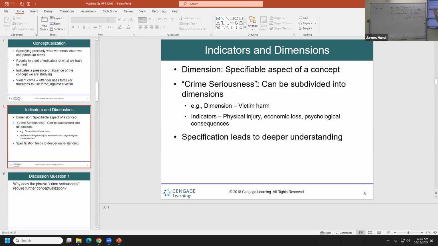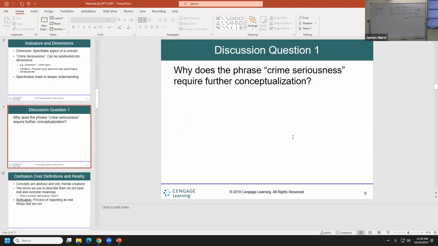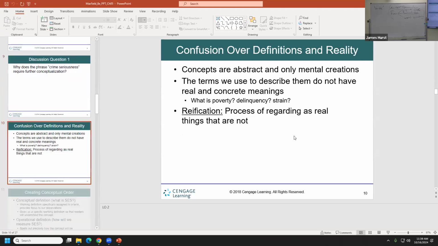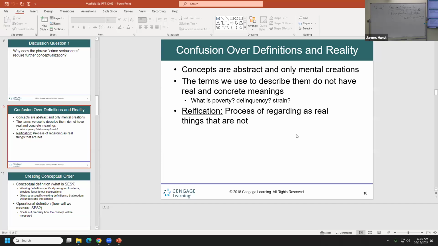There are other ways you can do it too. All right. Specification leads to deeper understanding, yes. And the more stuff you can tie it into represents different bodies of literature and information you can tie into and see different relationships as they exist or have existed.